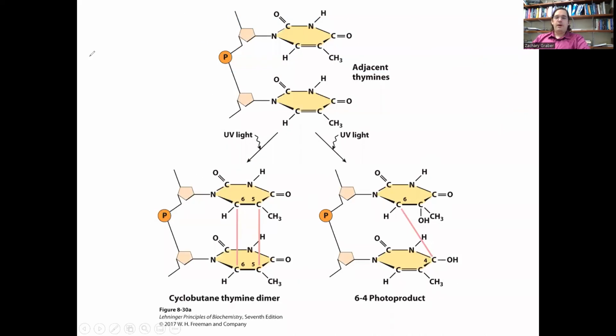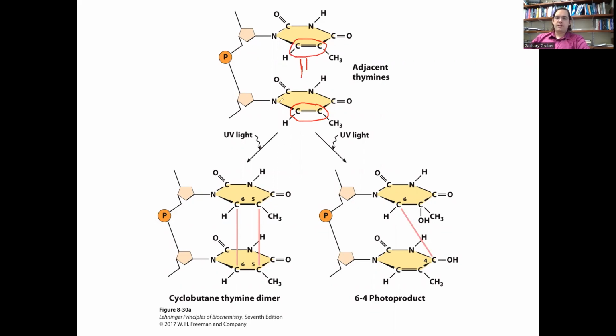Here's an example of what our UV light-induced DNA damage looks like. Again, it's going to cause dimerization of pyrimidines. So here we have two adjacent thymines. And within our thymines, we have, of course, our stacking between our bases. We also have our double bonds, which are somewhat reactive.